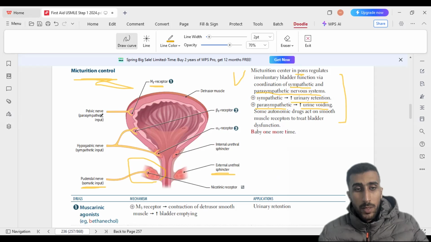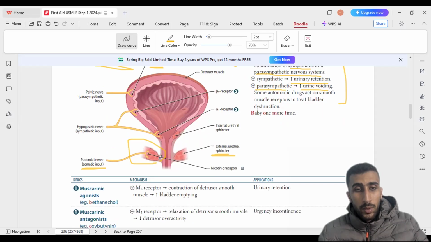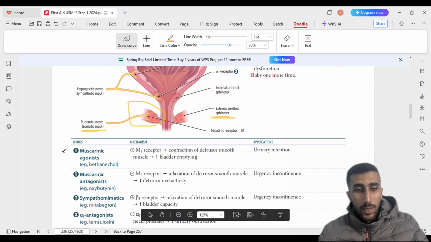Remember we said parasympathetic input will make you increase urinary voiding. So if it is stimulated, it will increase voiding, and if it is inhibited, it will not make you void.